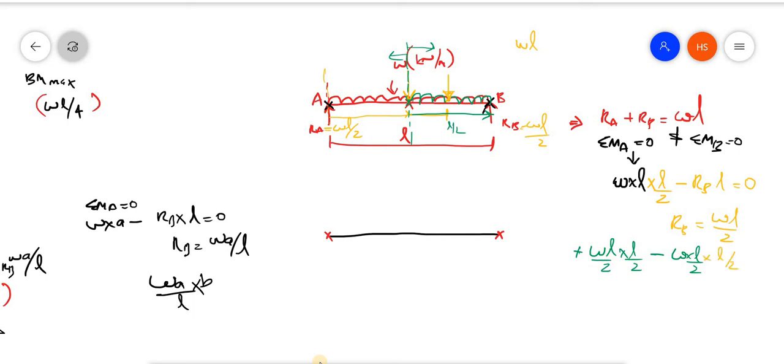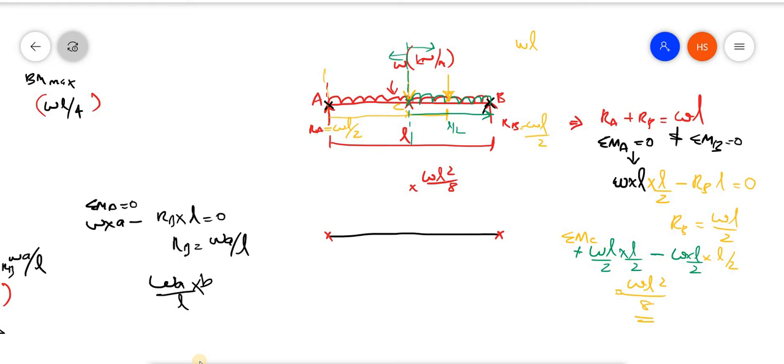Simplifying this, you get the moment at the center, taking this point as C, equal to WL square by 8. This is the maximum moment that occurs here.